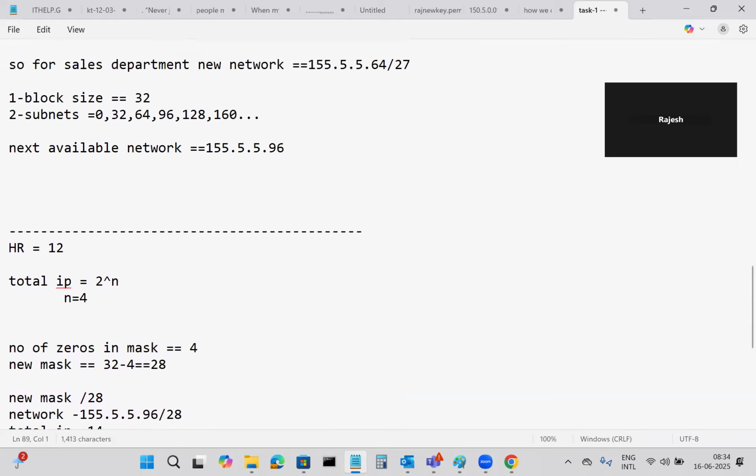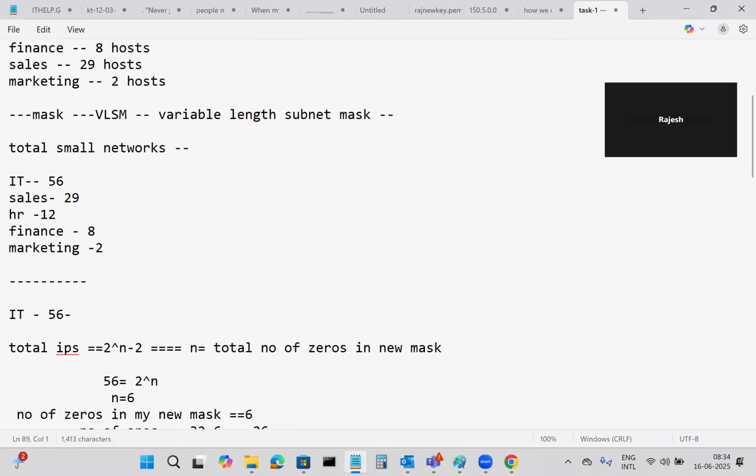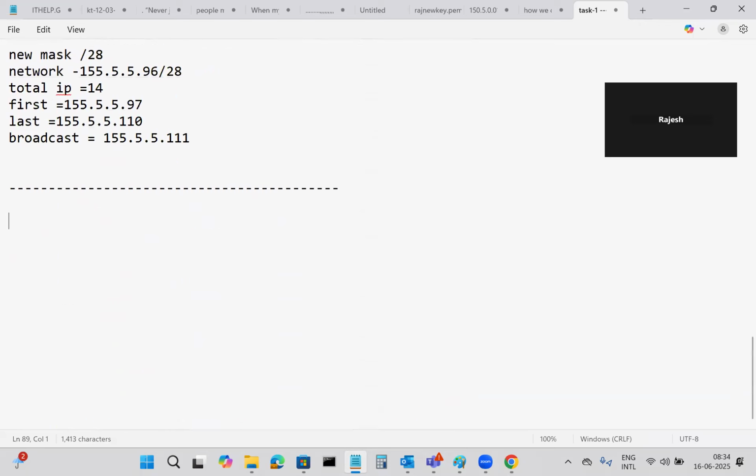Now after the HR, we have a finance department. The requirement is 8. How can we get that? Total IP formula is 2 to the power n minus 2. So if I keep my n as 3, what will I get? 8 minus 2, which means 6 IPs.